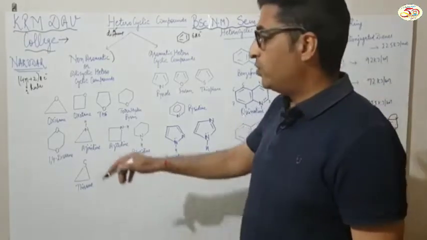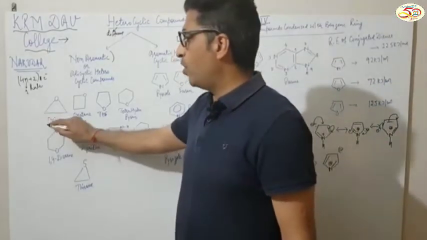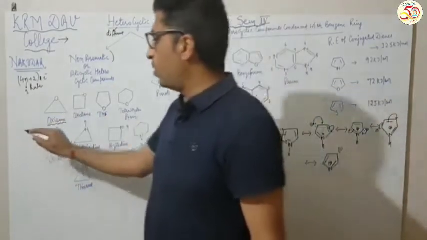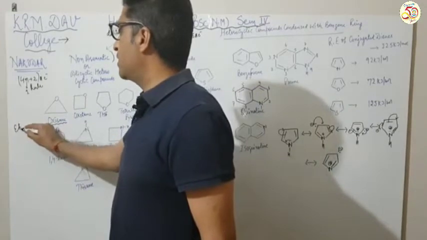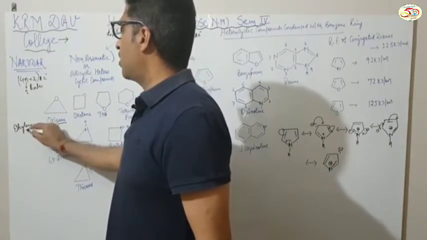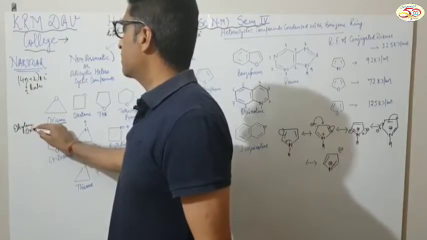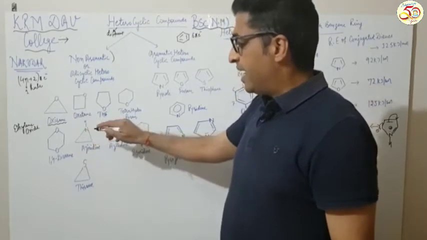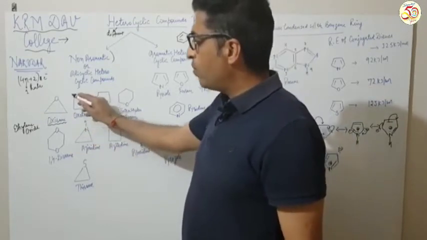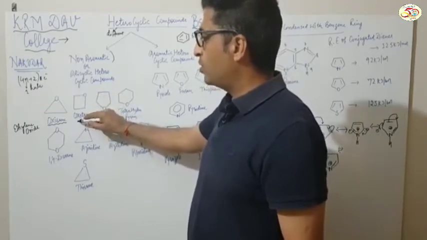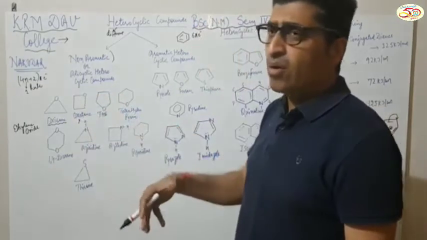The first molecule is oxirane, which we also call ethylene oxide. Next one is oxetane. This is a 4-membered ring with one oxygen atom in the ring, so we call it oxetane. They are basically known by their common names.